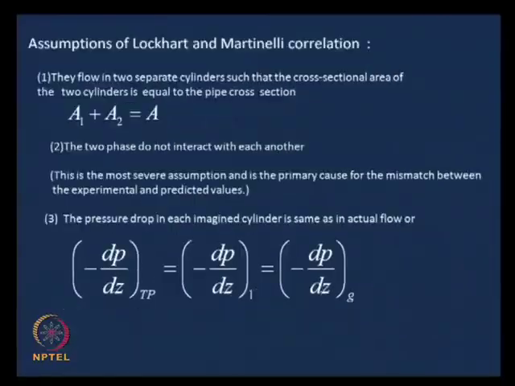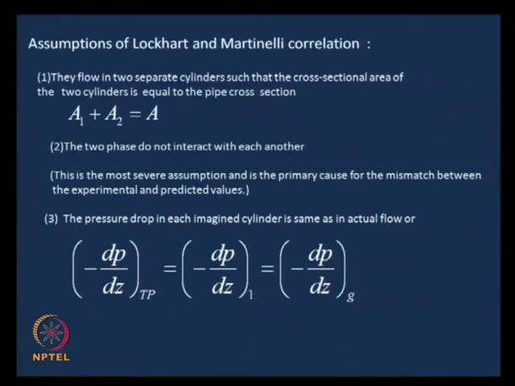But before we go to that, what I had told you in the last class was that the correlation was based on certain assumptions. If you remember the assumptions we discussed, the first one is fine. The only thing is that we assume both phases flow in two separate cylinders such that the cross sectional area of the two cylinders equals the pipe cross section.